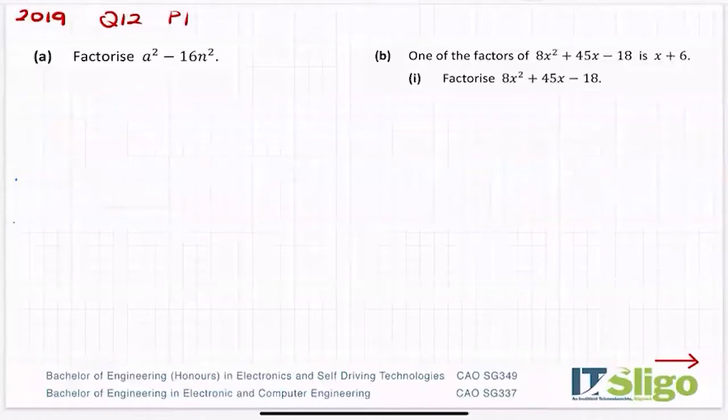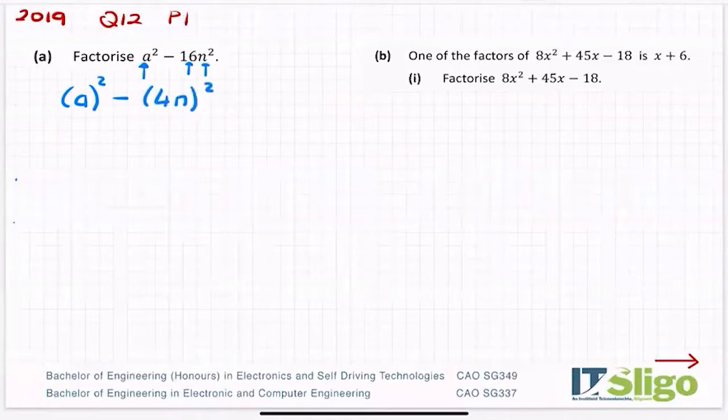So you're asking yourself what squared gives you a squared, and that would be a. What squared gives you 16n squared, so that would be 4n all to be squared. Okay, and you can put the square root of 16 into the calculator if you can't see the perfect square numbers, okay?